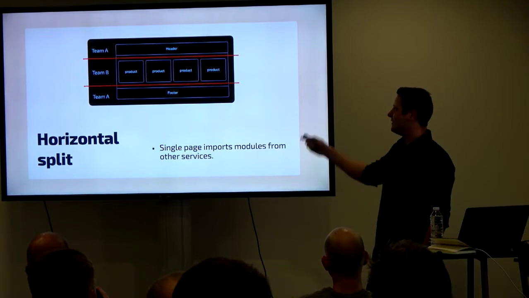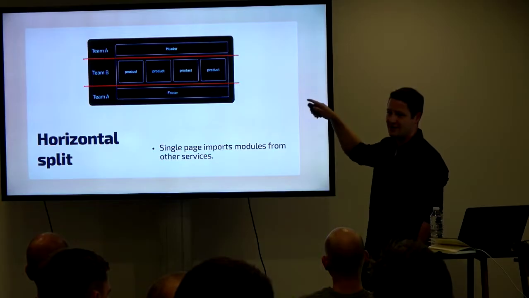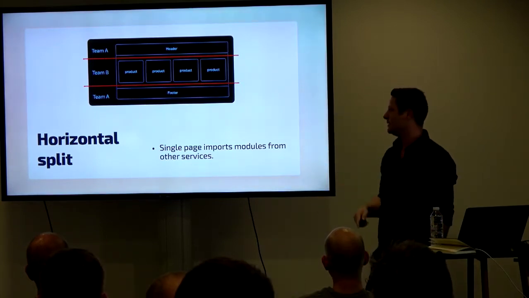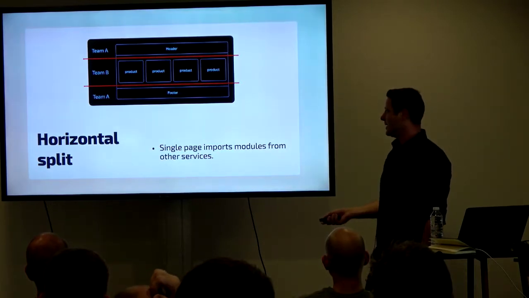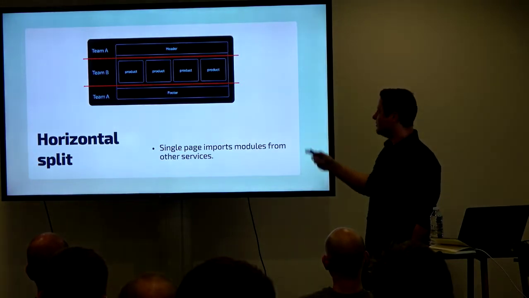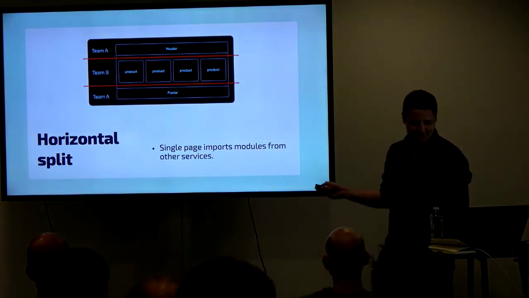So you will have different teams working on parts of the same page, and that way then import it into the micro frontend. And I'm going to do a small demo of a horizontal split, a very simple horizontal split.